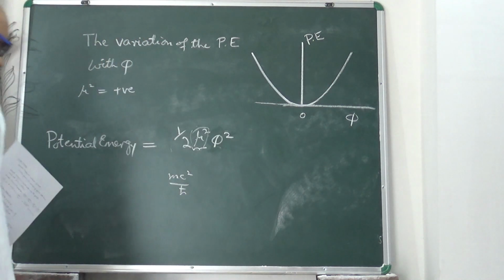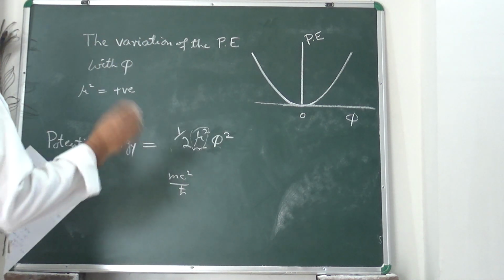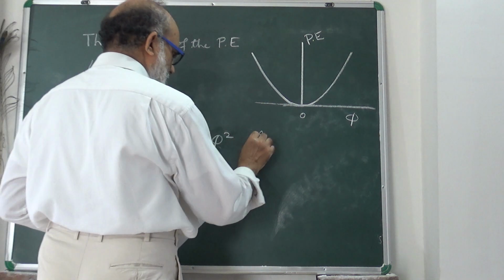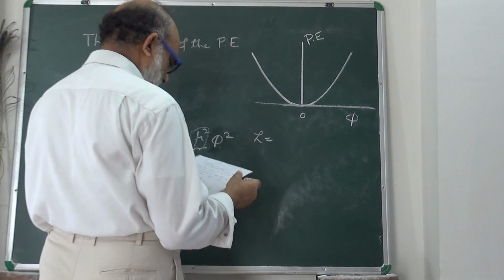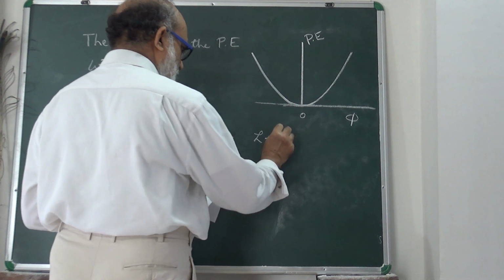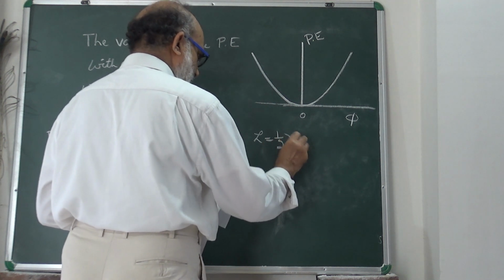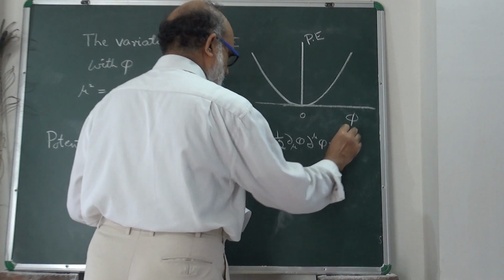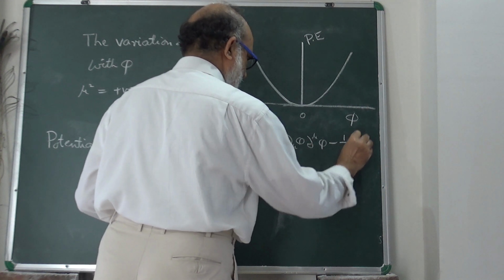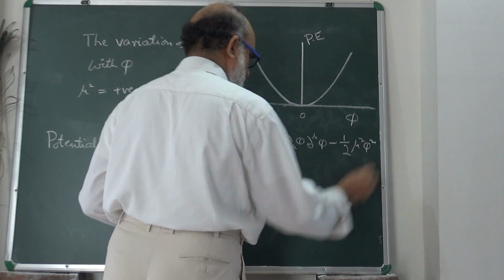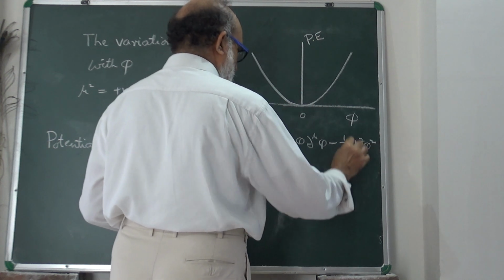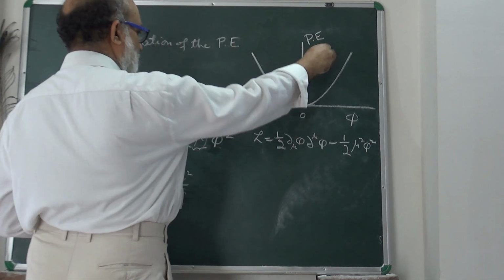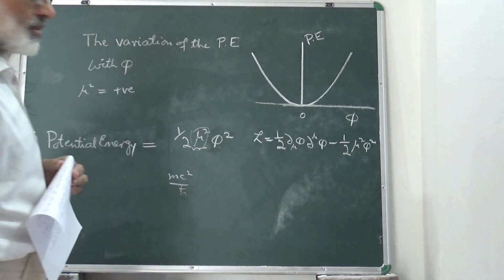Now I'm writing here the Lagrangian. Our whole Lagrangian was half del mu phi squared minus half mu square phi square. If this was positive, we have the potential curve like this.